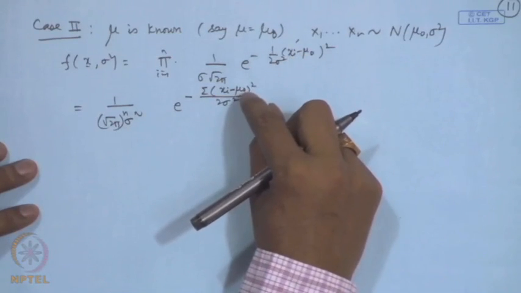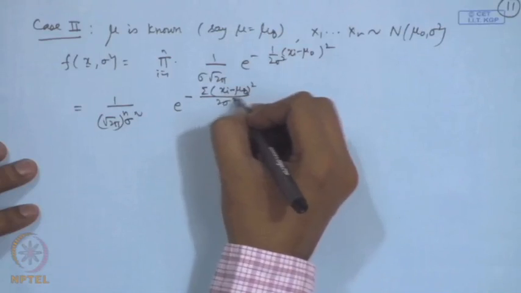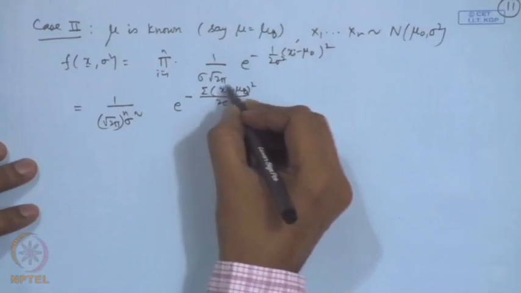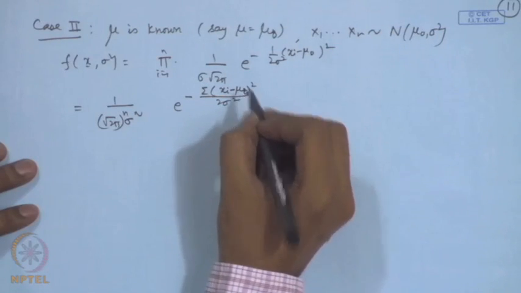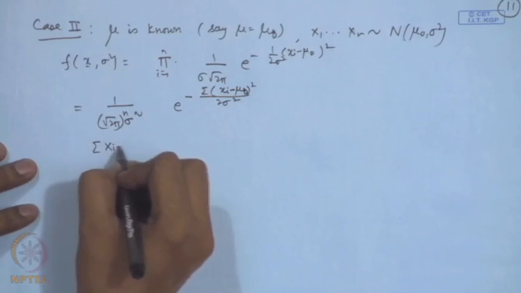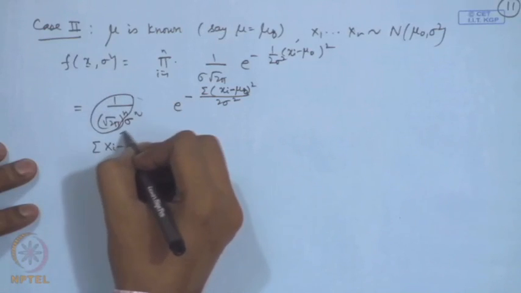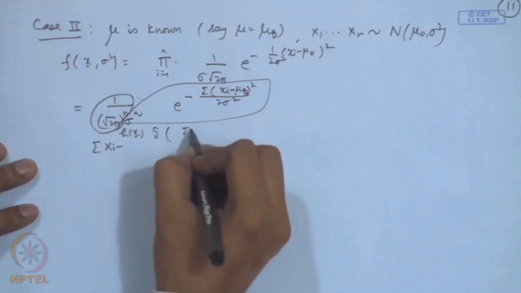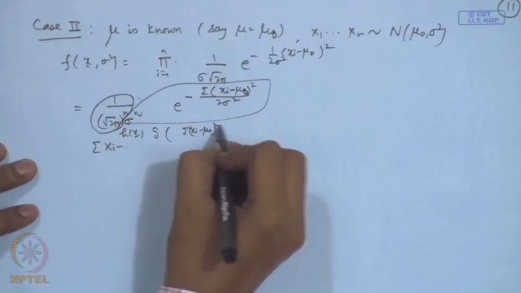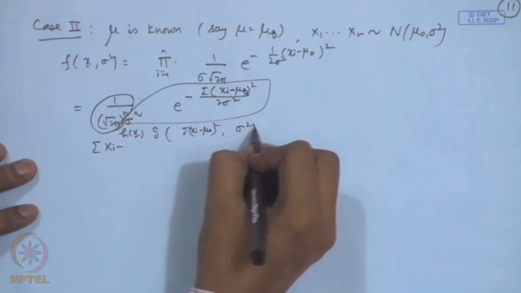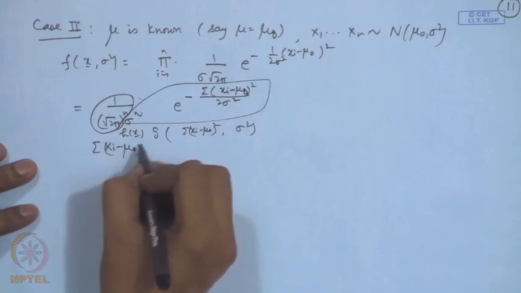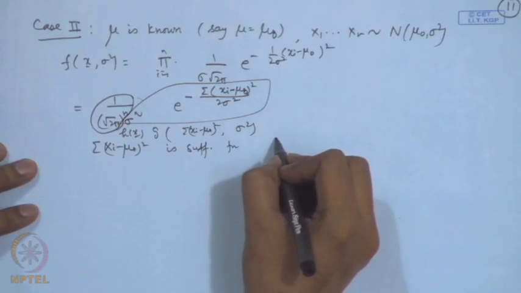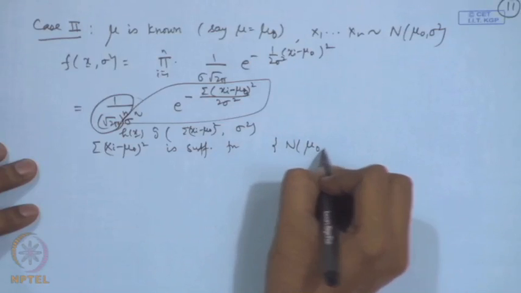Here you see I cannot separate out the xi's like in the case of sigma known. So, we can say here that this term I write as h(x), and the remaining term I write as g of sigma (xi minus mu naught) square and sigma square. So, sigma (xi minus mu naught) square is sufficient for the family of normal distributions.